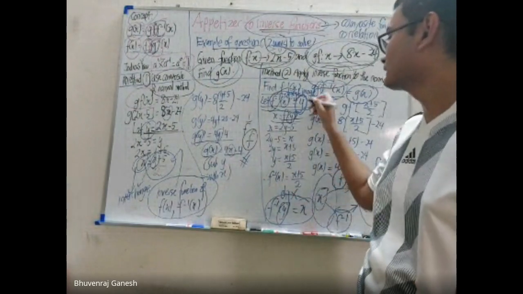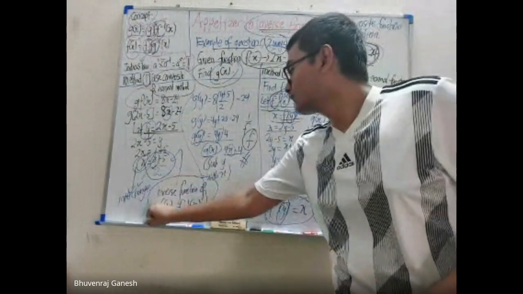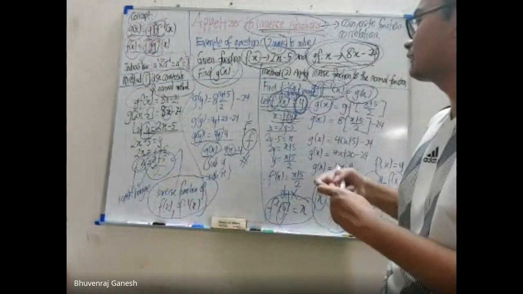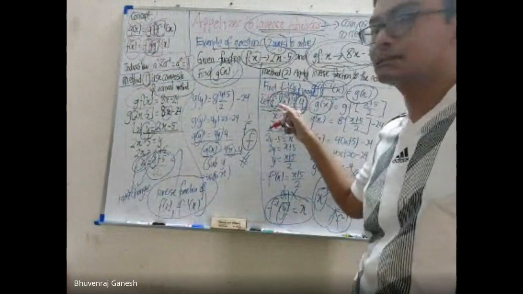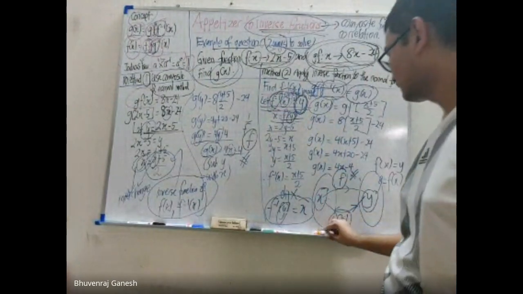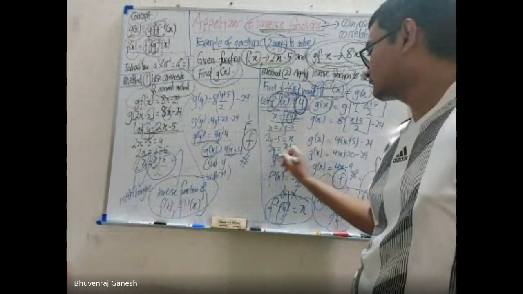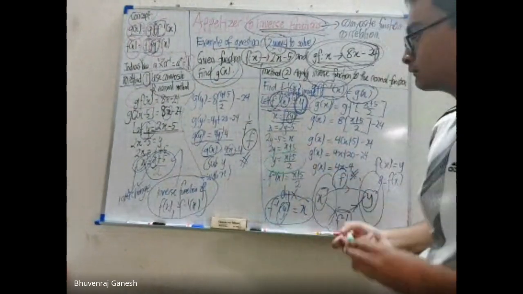So now our goal is to find y, because if you find y, we will already know what is f inverse of x here, because we made the assumption, let f inverse of x equals y. So after you do your algebra, you will get y is (x plus 5) over 2.